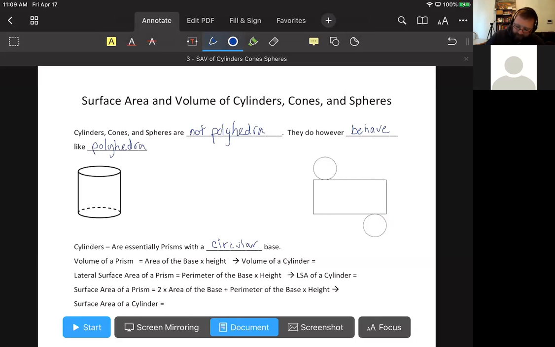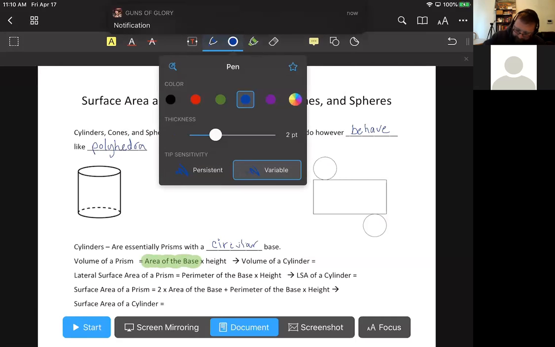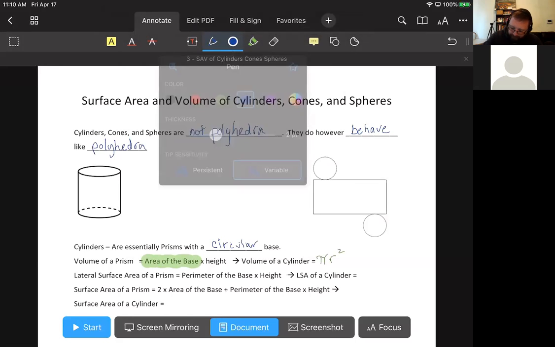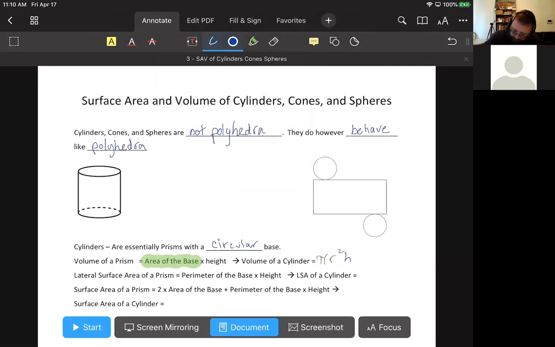So instead of area of the base, what we're going to plug in here is pi r squared, which is the area of a circle. And then we include the height of the prism. And that's it. That's the equation for volume of a cylinder.